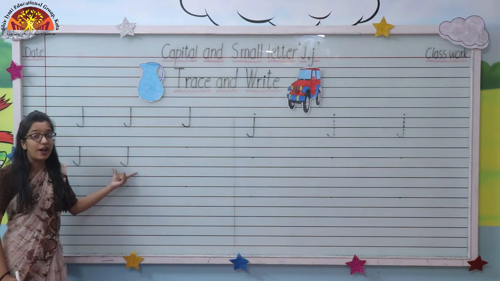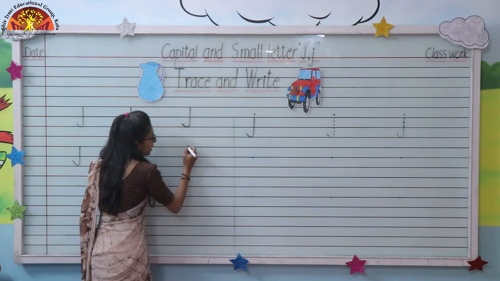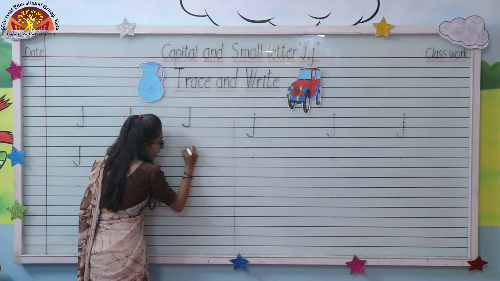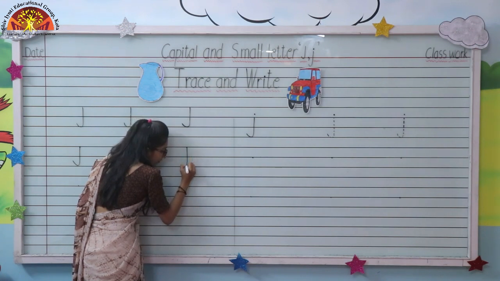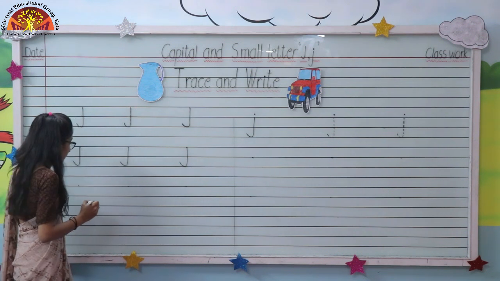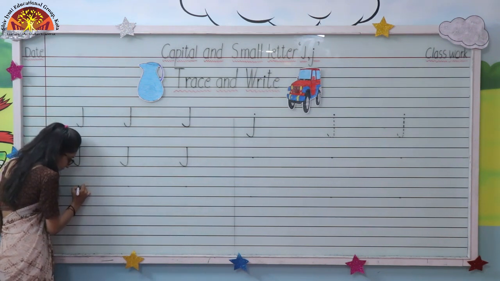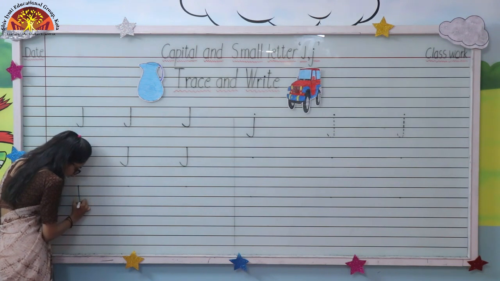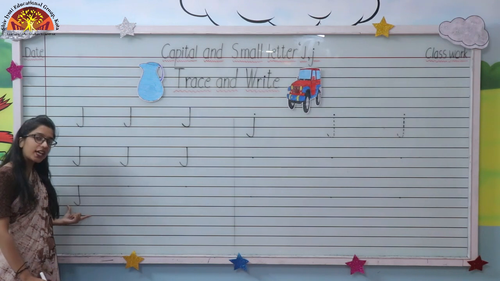Like this you have to draw capital letter J. One more time kids. Start from first line, make a standing line and turn. Again kids, look here. Standing line and turn. Capital letter J.